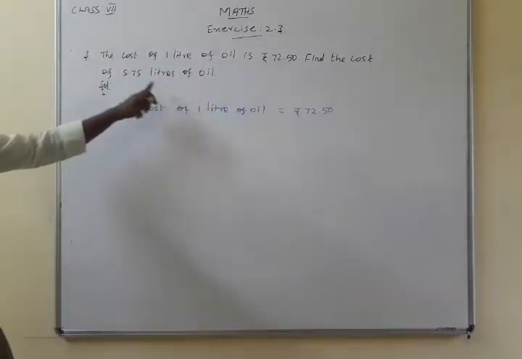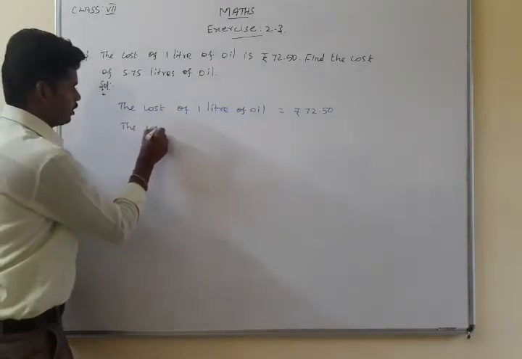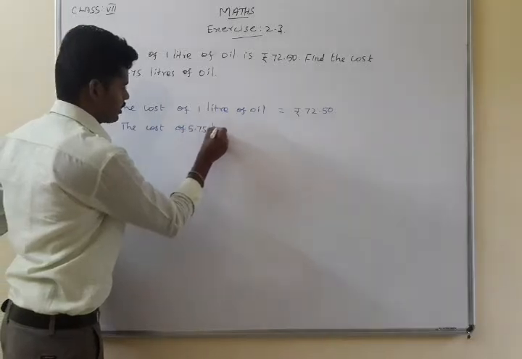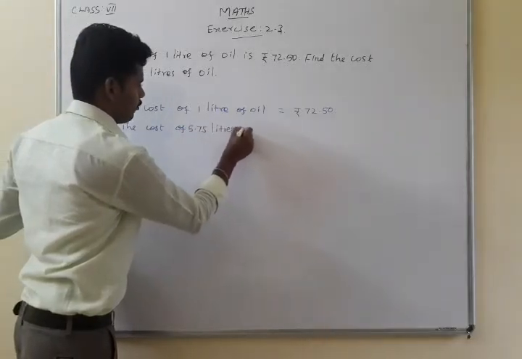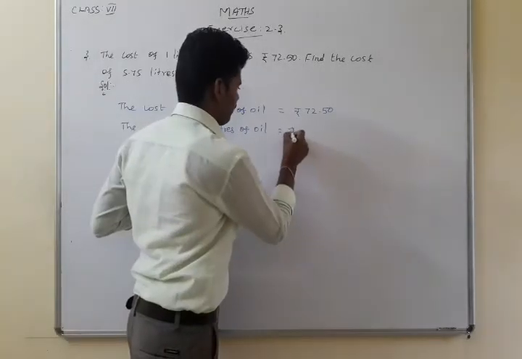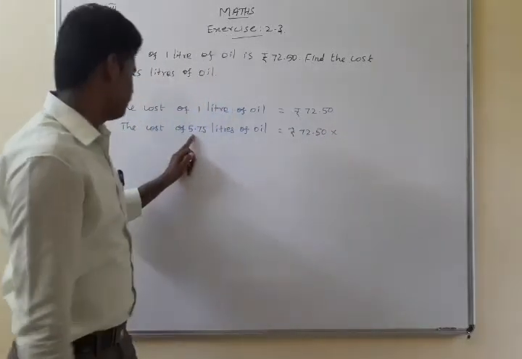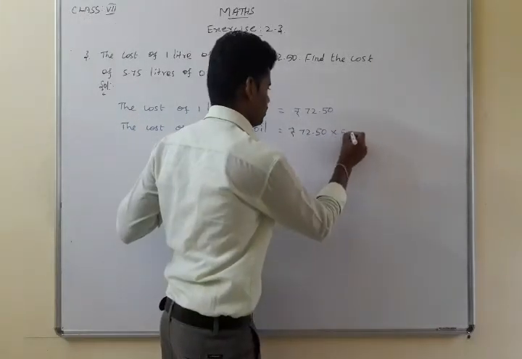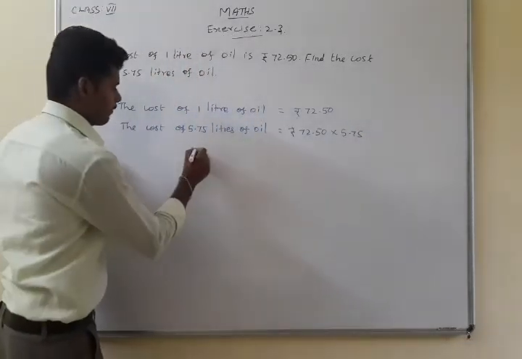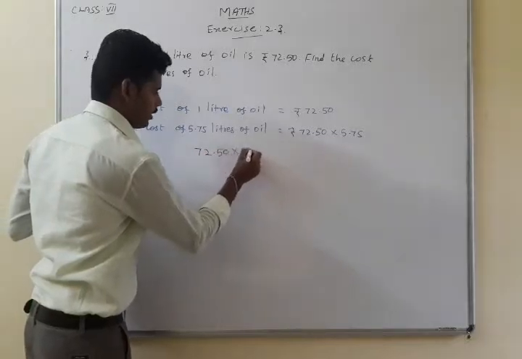In the question, find the cost of 5.75 liters. The cost of 5.75 liters of oil equals rupees 72.50 multiply 5.75. This one multiply: 72.50 into 5.75.